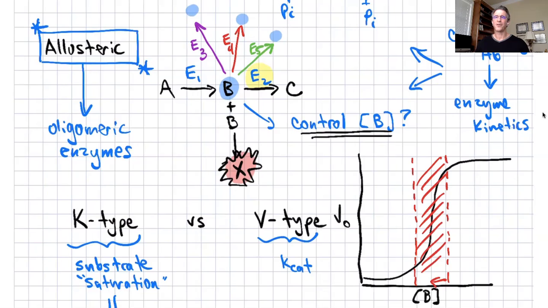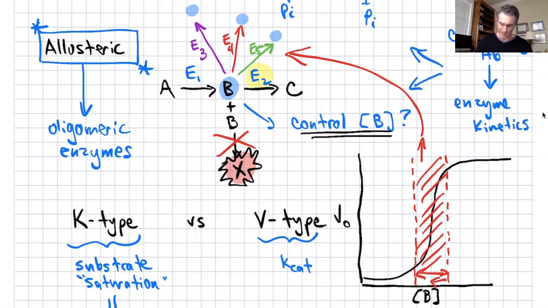And all you have to do now is have this point here be the sort of set point for these other enzymes, right? So that they're perfectly happy as long as the concentration of B is in this range. And what this sort of control enzyme, E2, is going to do, it's going to buffer changes in the concentration of B. It's going to keep B in this very narrow range of concentrations, or it will help keep it in that very narrow range, which would keep this from happening, right?